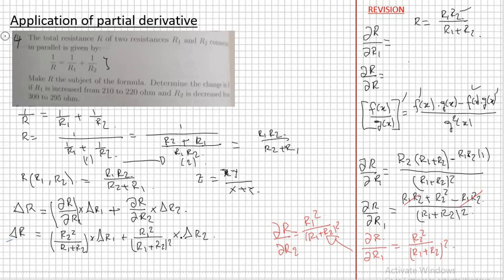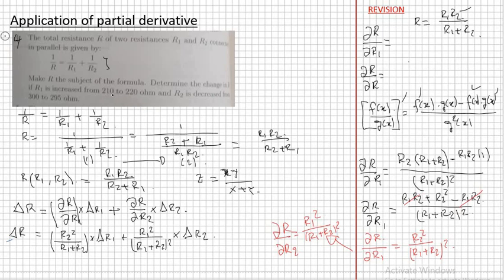And the next thing to do is to replace all the unknowns that are present in this expression here. Because if you read the problem, r1 is increased from 210 to 220.